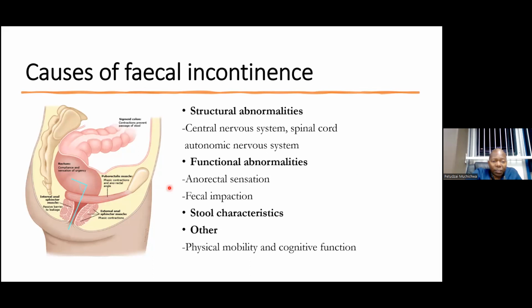And also pelvic surgeries, abdominal pelvic surgeries, can damage these mechanisms, and that can cause incontinence. Also, patients with central nervous system issues, like spinal cord injuries, head injuries, strokes, and back surgeries can have incontinence.